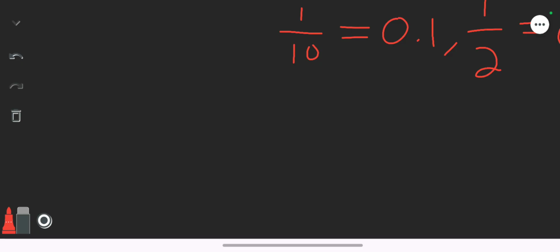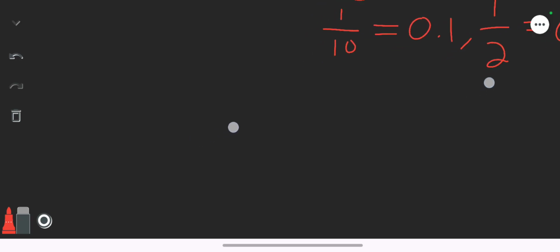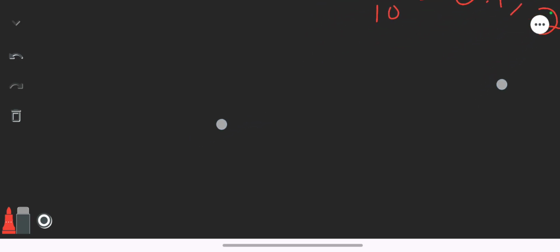Always remember, decimals represent tenths, hundredths, thousandths, etc. Now let's look at a few other examples of decimal.